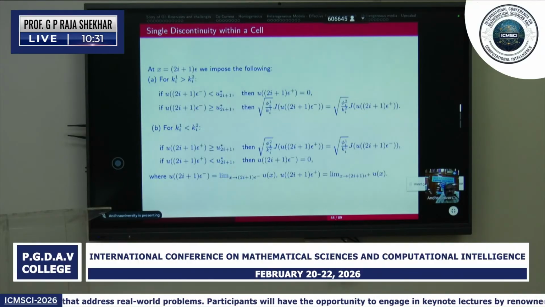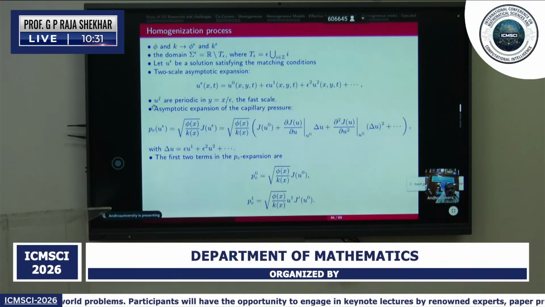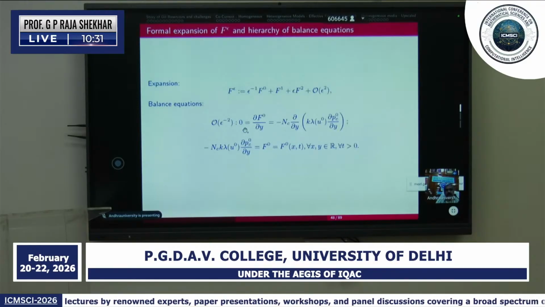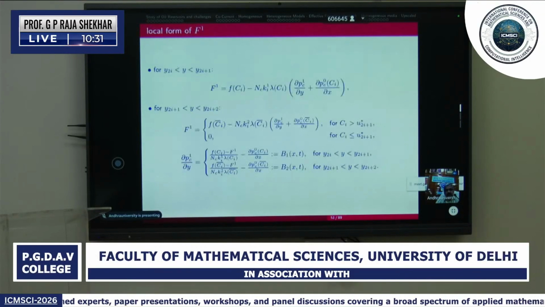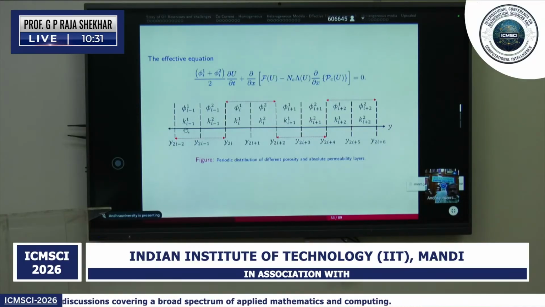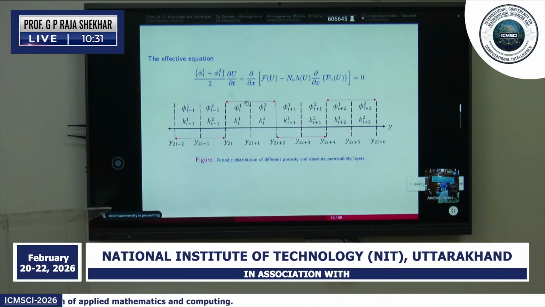With this, you go for asymptotic expansion in terms of these cell variables and capture the upscaling technique, the effective equations. So finally, this is called the effective equation with the two cells, where this flux function has the information of these upscalings.